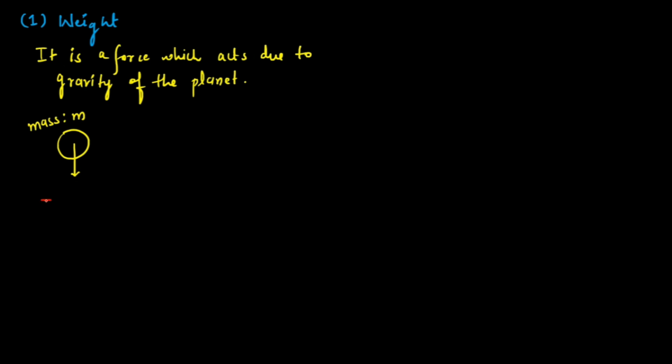So you can define it in another way, that it is the force with which it is pulled towards the surface of Earth. Like whatever object you drop from a certain height, it always comes to the surface of Earth. Why? Because of the weight. Because weight is acting on it, and we can say it is the force with which it gets pulled from the planet towards itself.